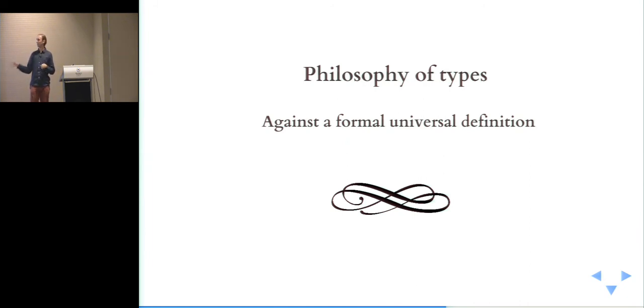I guess the picture I tried to show with the previous part was this idea that things are really very complicated. There's a lot of disagreements, a lot of mismatch, and there's no order.